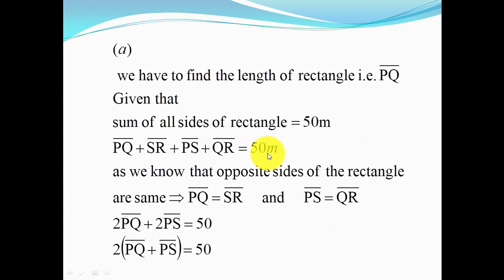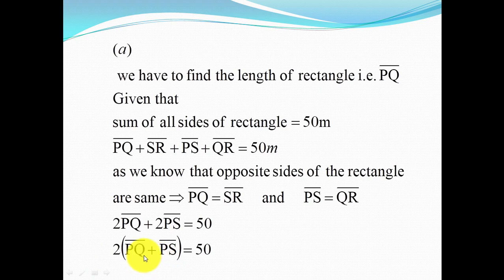As we know that by the definition of the rectangle, the opposite sides of the rectangle are equal. So this implies that PQ is equal to SR and PS is equal to QR. So putting these values in this expression, we get PQ 2 times and PS 2 times. To take 2 common from the left side, we get this expression.